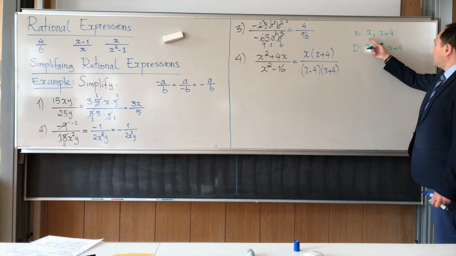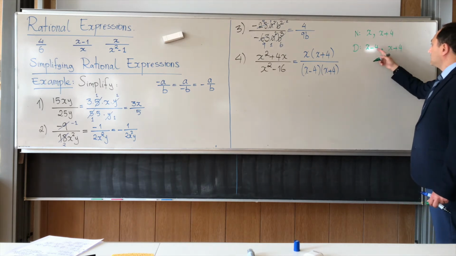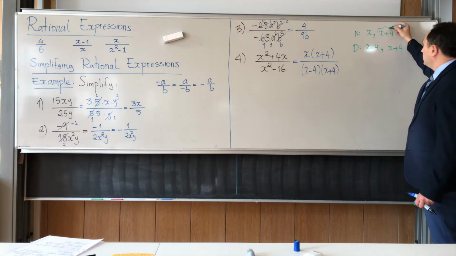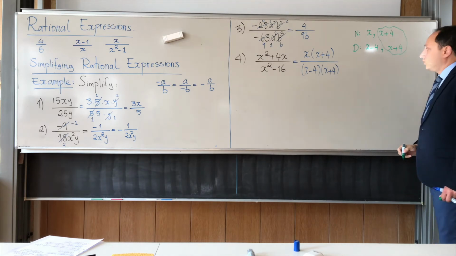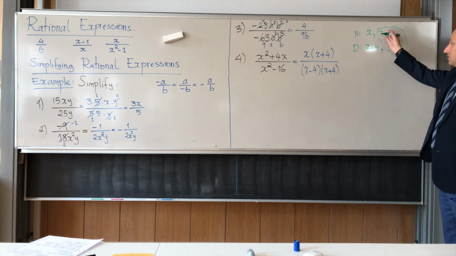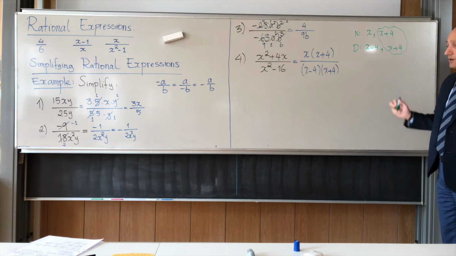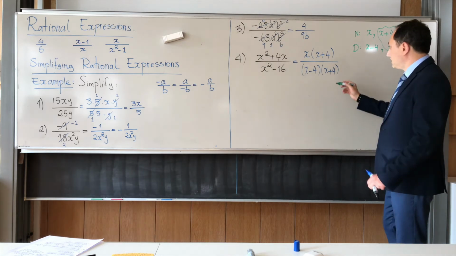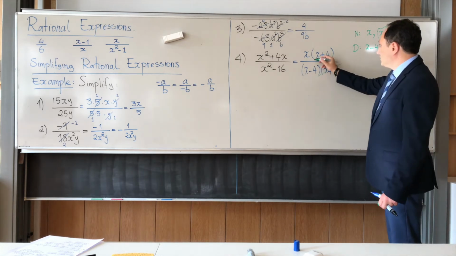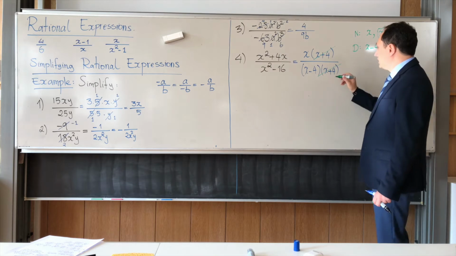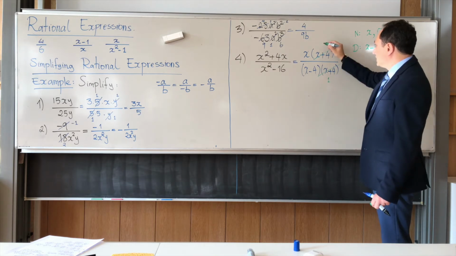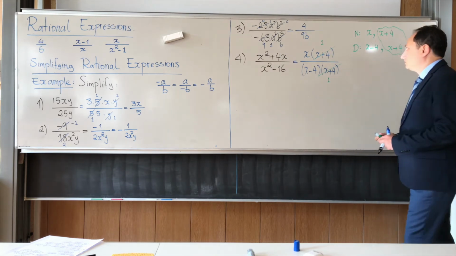You see that in this list and in that list I have something exactly identical, and that is x plus 4. Please do not get used to this way of writing, but you need to think that way. So this x plus 4 and this x plus 4 can be simplified. Simplified means that 1 is left instead of them.